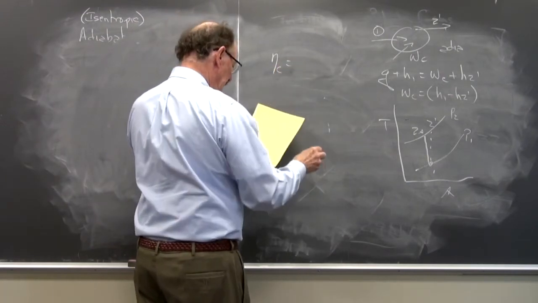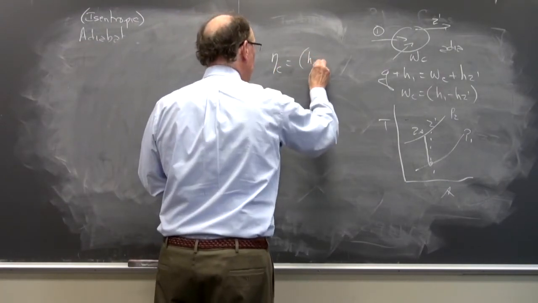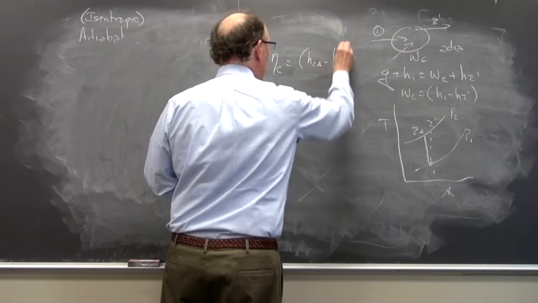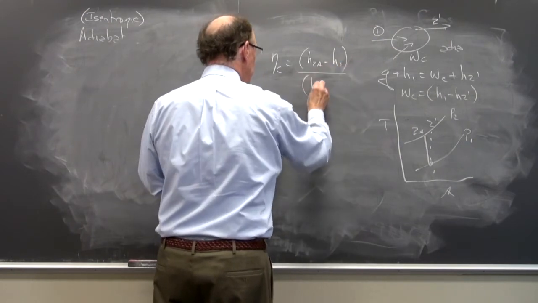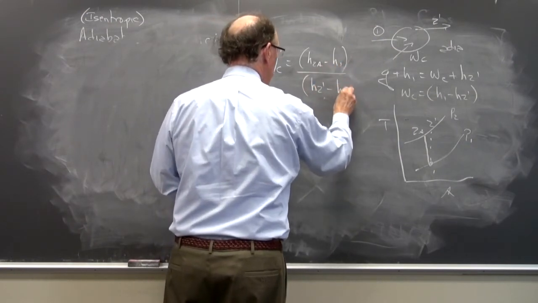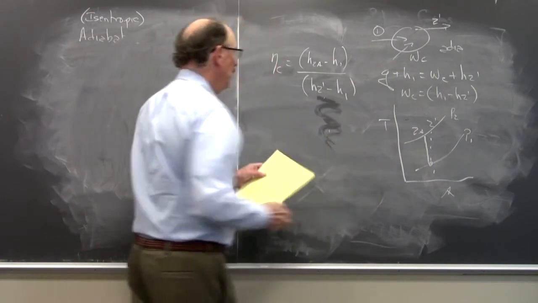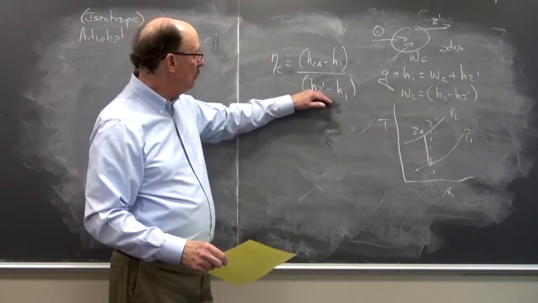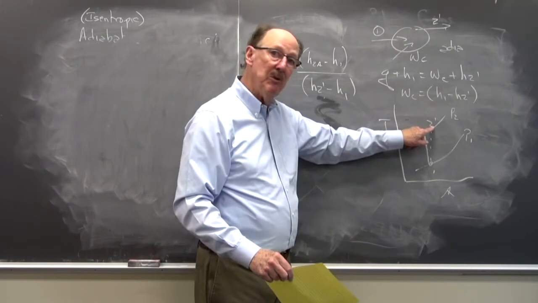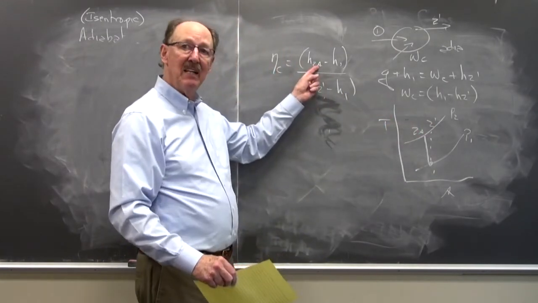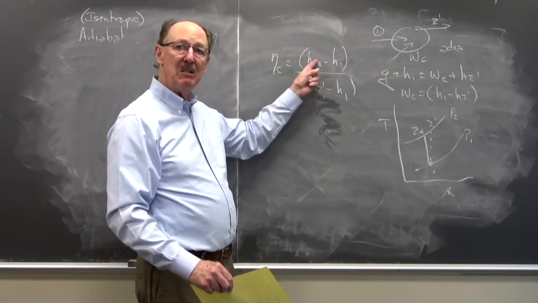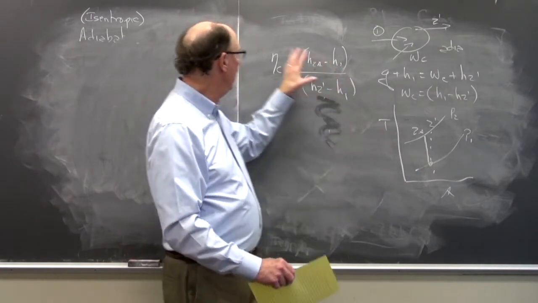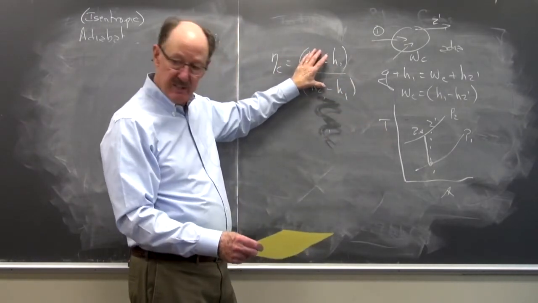Eta sub c is equal to H2S minus H1 over H2 prime minus H1. So this represents the actual work it took to get to P2. This represents the reversible work, the least amount of work necessary to get there, and so your adiabatic efficiency relates to that.